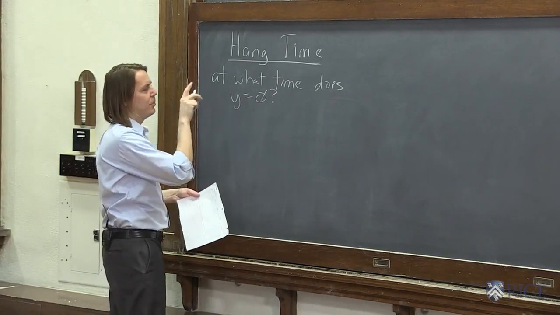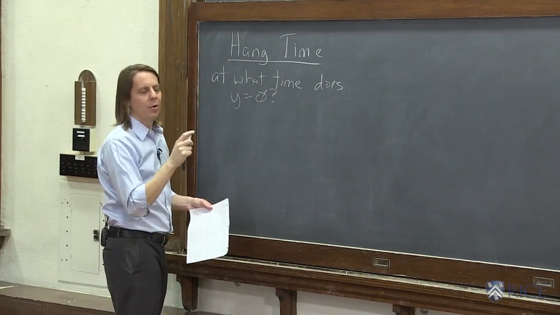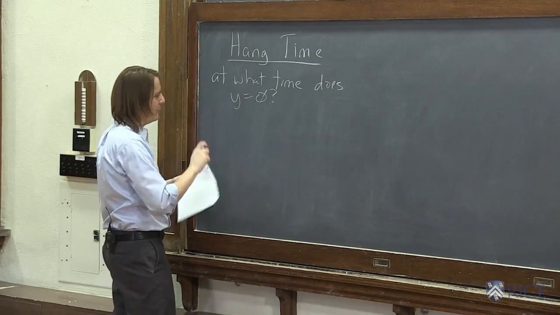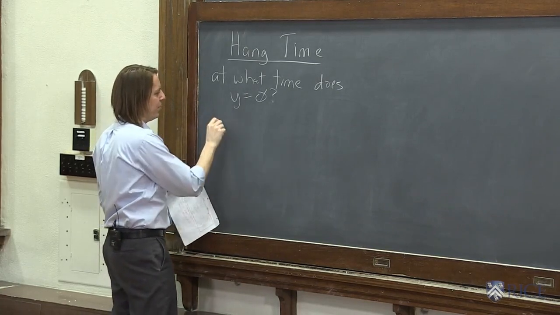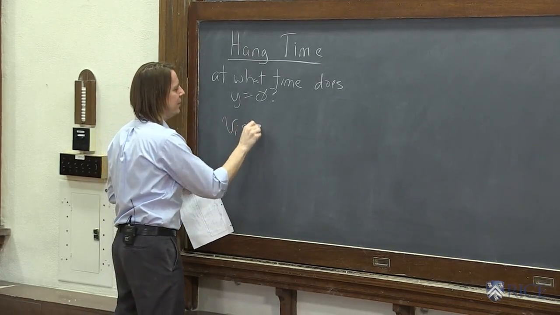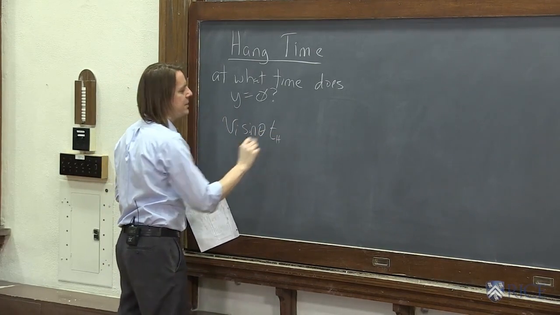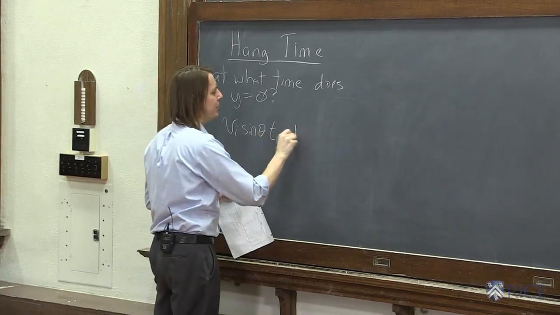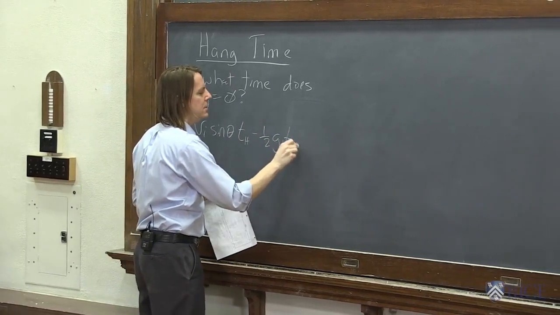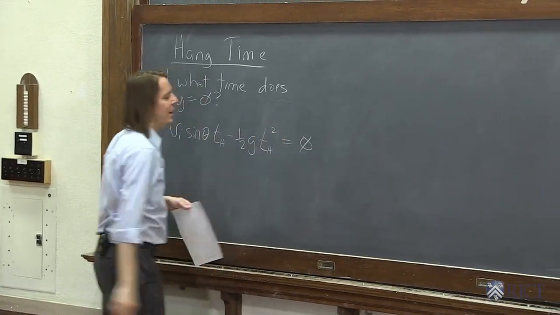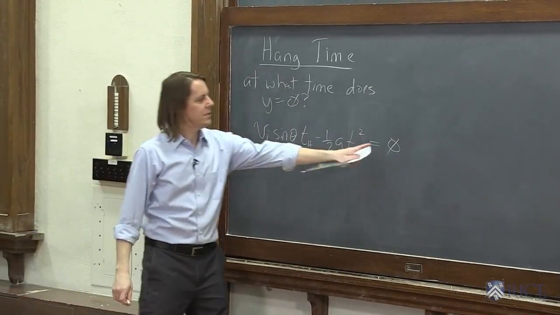And maybe we'll put a subscript h for hang time. We're finding a specific time when we do this. So that component, the y component, was vi sine theta t, so th, the specific time, minus 1/2 g th squared. When does that happen? At th, it's at 0.